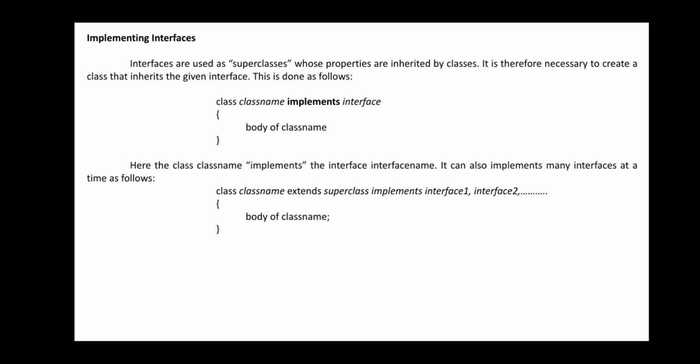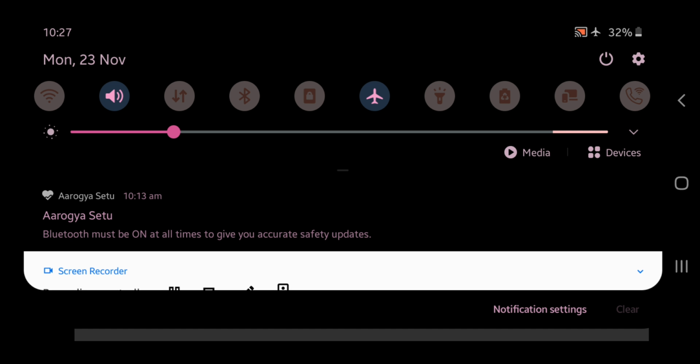I have written it here: class name extends superclass implements interface1, interface2. You can define more than one interface at a time. So I will stop the class here itself, and the rest of the things we shall discuss in the upcoming classes.